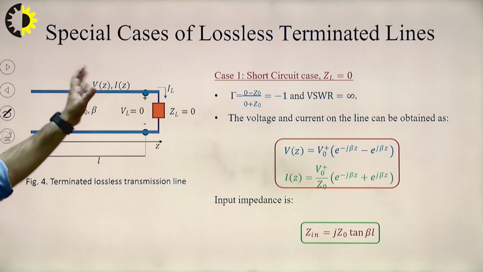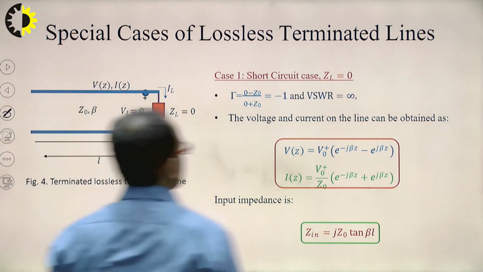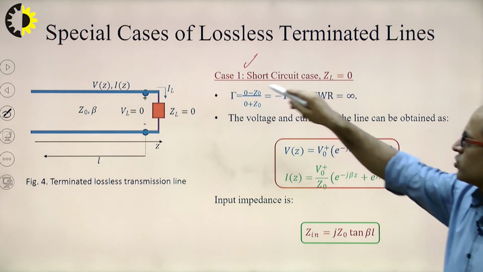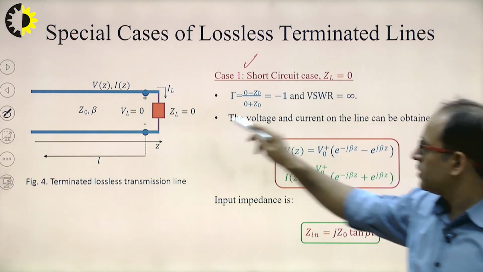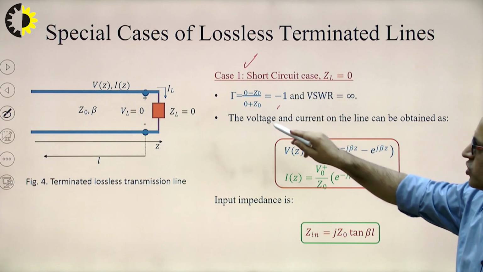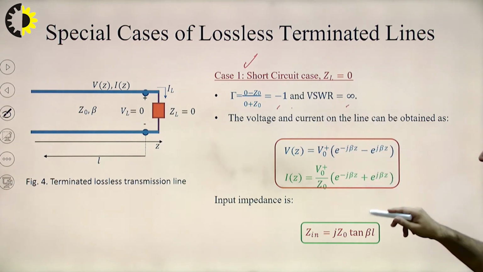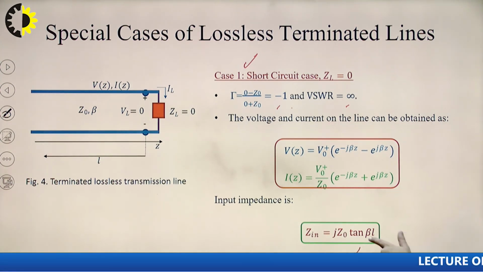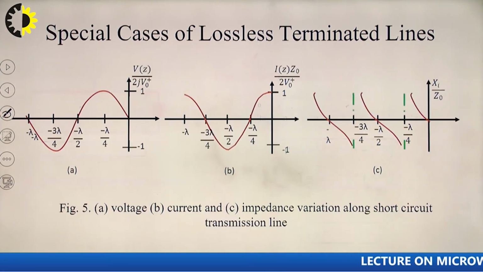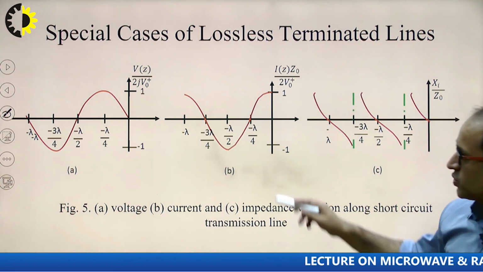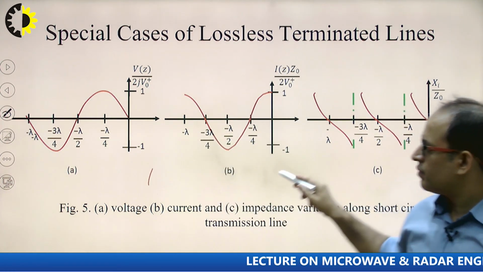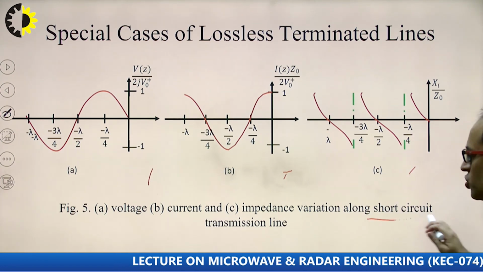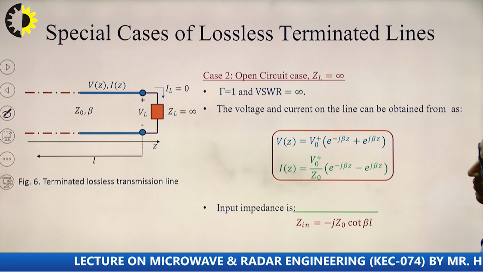Now there are special cases of lossless terminated lines. First case is when ZL equals 0, means this is a short circuit. When ZL equals 0, you will get reflection coefficient equal to -1 and VSWR equal to infinity, and input impedance comes out to be j Z0 tan beta L. This one is the voltage and current waveform and the impedance variation along a short circuit transmission line.